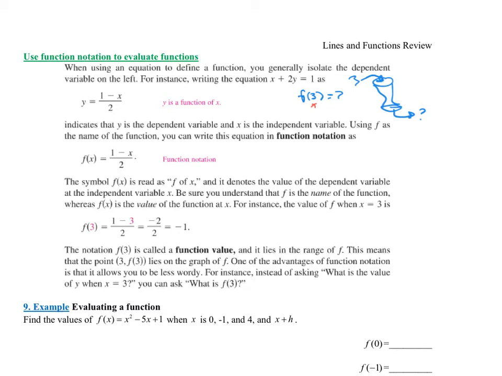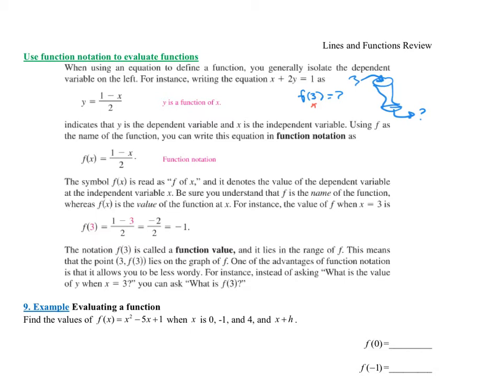So we might use different letters, but the idea with function notation is input this value, tell me what comes out. So that is function notation. The idea is instead of saying y equals, we say f of x equals. The reason that we're saying f of x is we are declaring explicitly, very clearly, what is the input variable, what is the output variable.